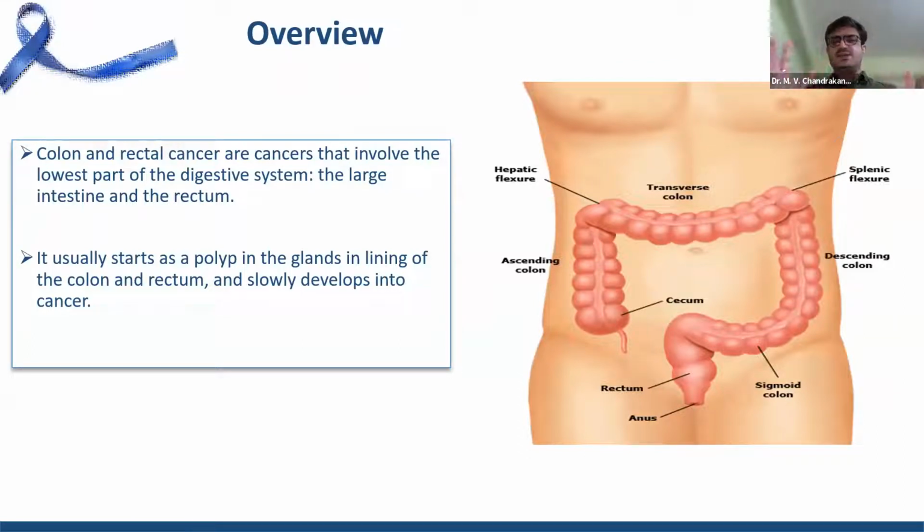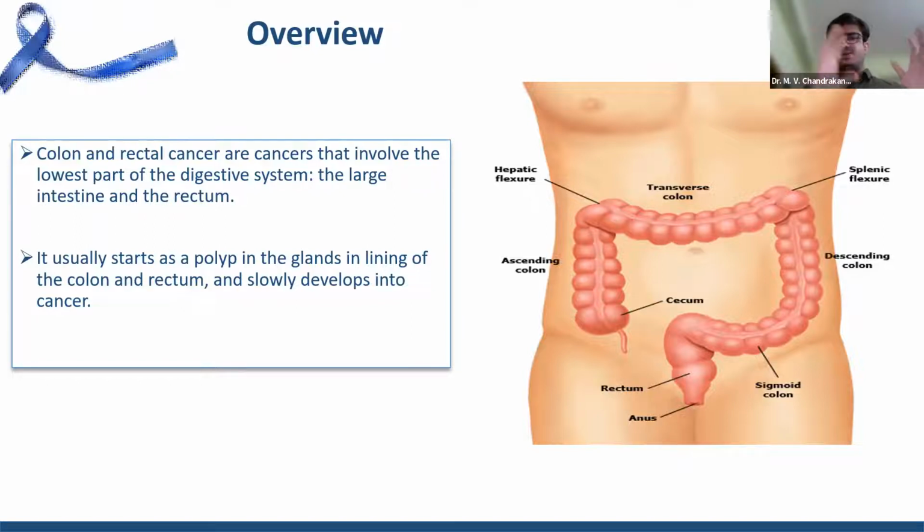The ascending colon and the right two-thirds of the transverse colon, again it may change, will become the right part. So you can say the ascending colon and half of the transverse colon is the right part, and the left part is mainly the left part of the transverse colon, the descending colon, sigmoid colon, and rectum.